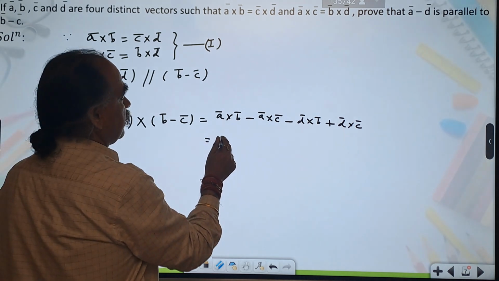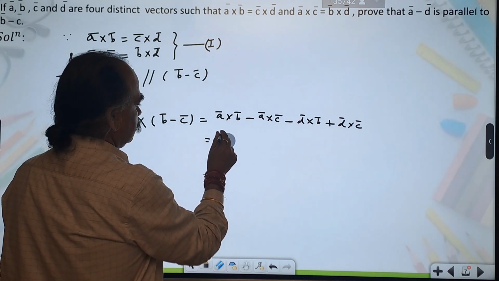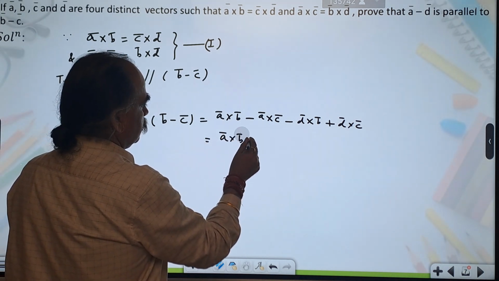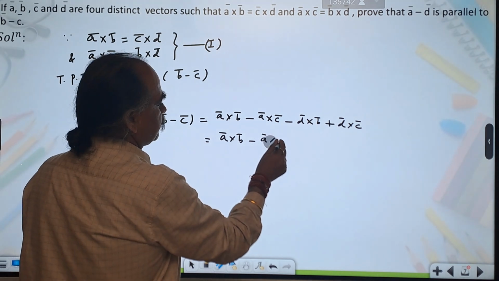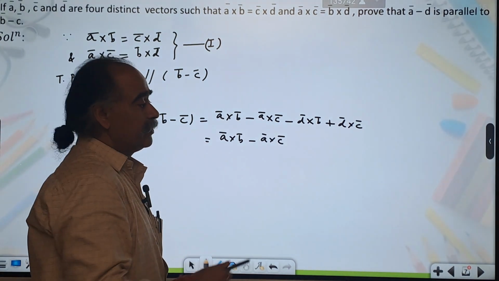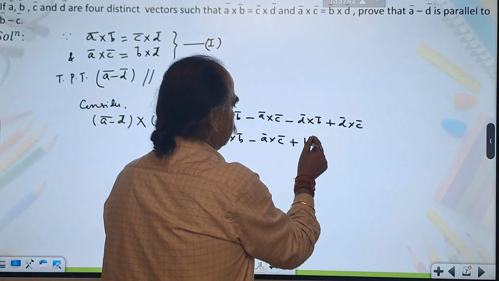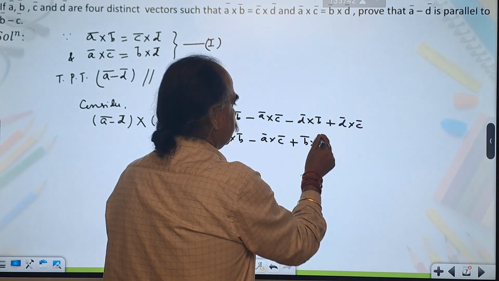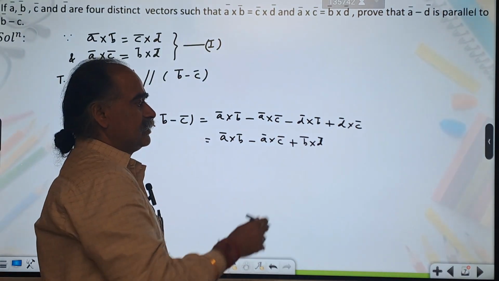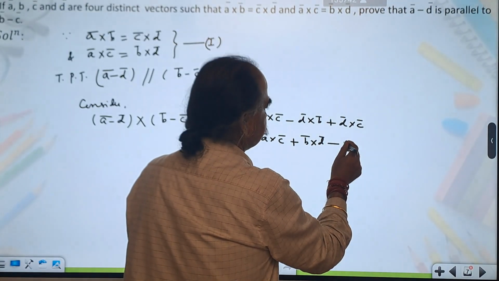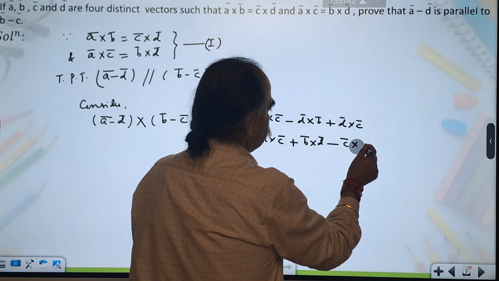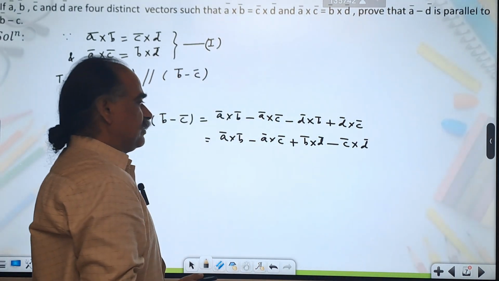A bar cross b bar minus a bar cross c bar, keep as it is. This minus will write plus, reverse it, b bar cross d bar, and this plus will become minus c bar cross d bar.